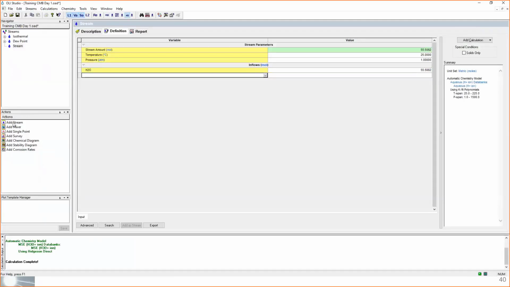Double click on the add a stream button, and then rename this set pH. And for this calculation, we are also going to use the MSC framework. So click on MSC. And again, we're going to leave the default 55, 25 C, 1 atmosphere.